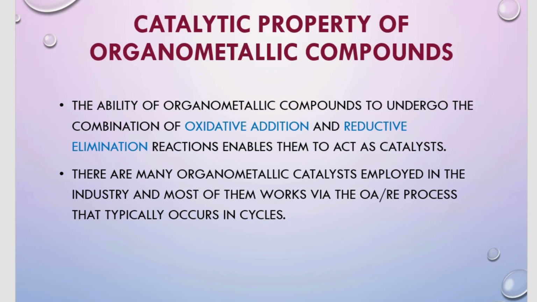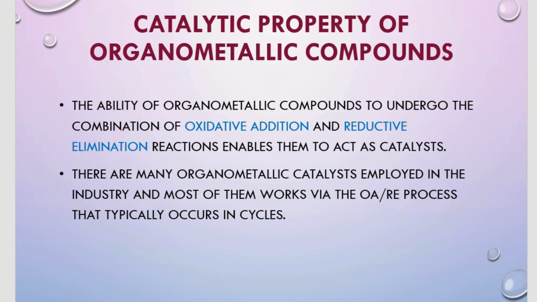There are many organometallic catalysts employed in industry, and most of them work via oxidative addition or reductive elimination processes that typically occur in a cycle. In the next slide, we will discuss how the process involves these two reactions.